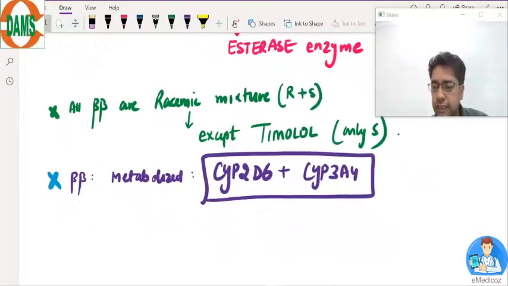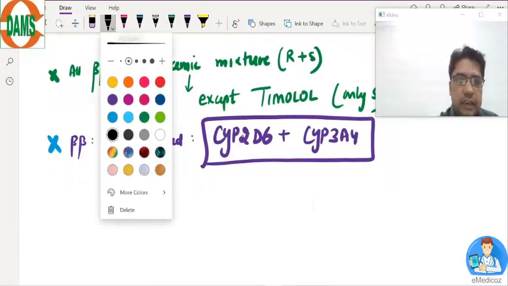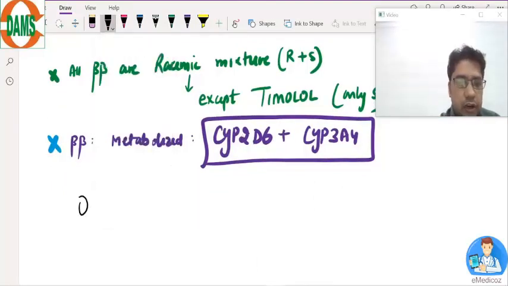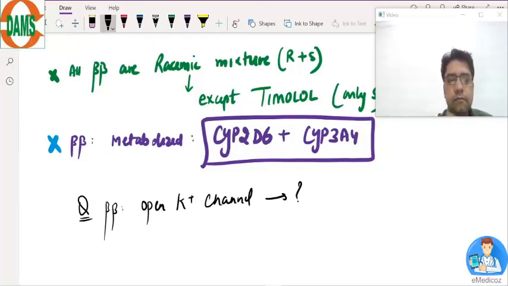Now, let's move ahead. I want to ask you one question and tell me the answer. Which beta blocker opens potassium channel?